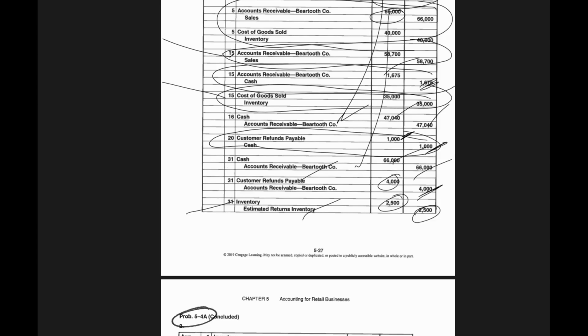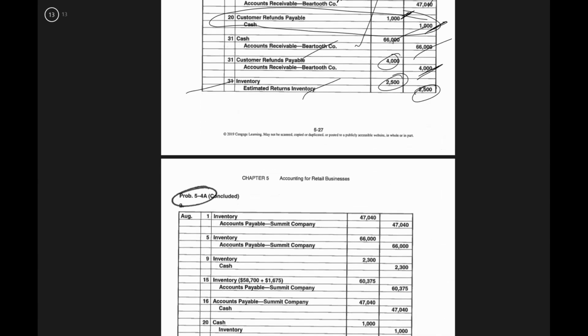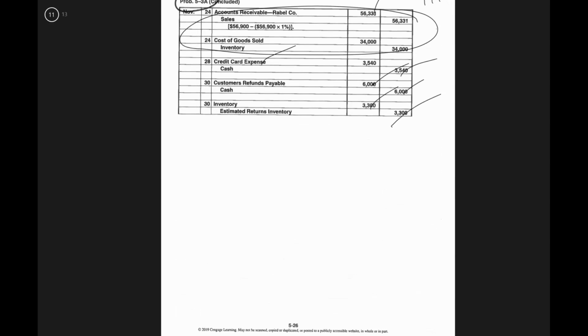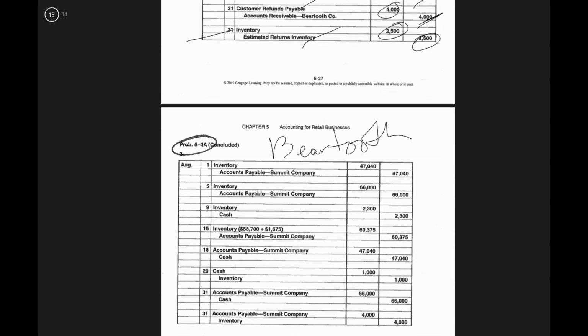So the opposite side. Okay, so we did all the transactions here for Summit. This was Summit's transactions. Now, what does it look like for part 2, Beartooth? All right, so number 1 again, August 1st, Summit Company sold, Beartooth bought it. Well, we bought it at that 2% discount, so we don't care about all of this stuff. We do know that that's what we bought it for, $47,040.